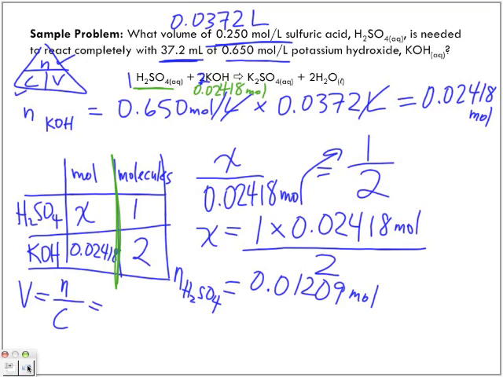So the number of moles is what we just found here: 0.01209 moles divided by the concentration, which is 0.250 moles per liter. Moles cancel out. My answer will be in liters.